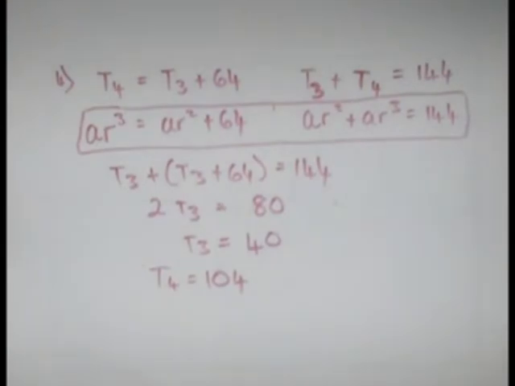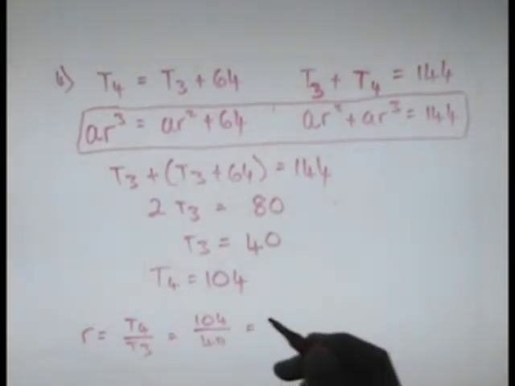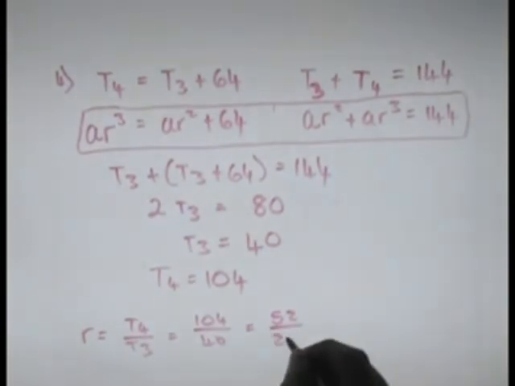Now, they asked us to determine the common ratio. Remember, our ratio is given by one term divided by its previous term, which in this case is going to be 104 divided by 40. You can simplify that. That will give you 52 over 20.